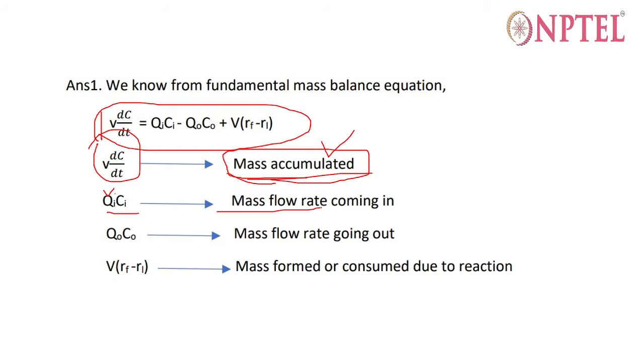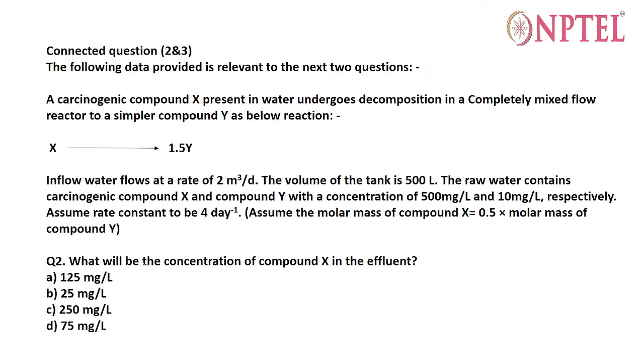So I get the mass flow rate incoming, and similarly the outgoing I can get with respect to the outflow concentration and outflow flow rate of the water, and this is the mass formed or consumed, depending upon what your reaction is, like this is the production and the loss. So depending upon how much is getting produced and how much is getting consumed, you can write this, with respect to volume, obviously.